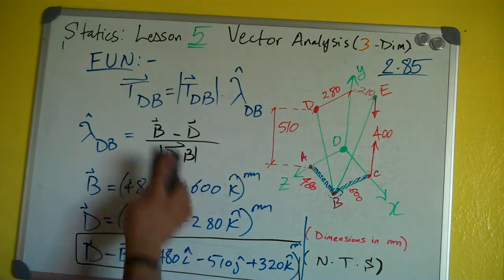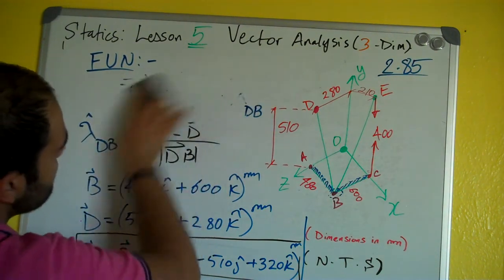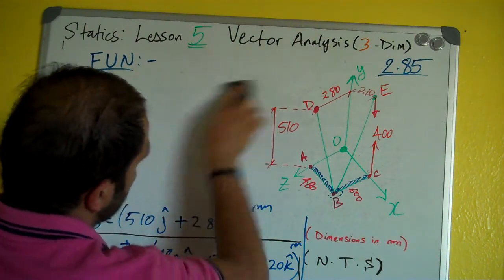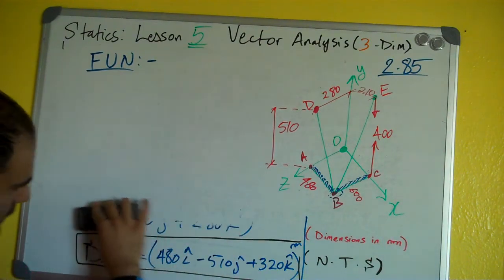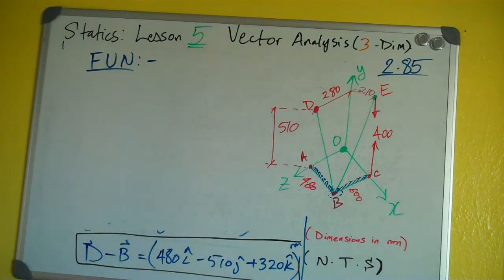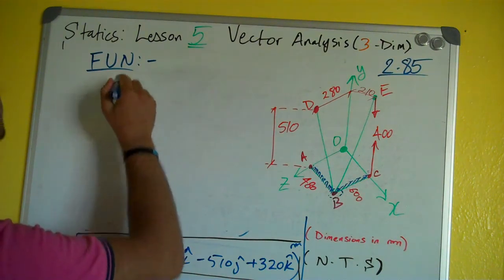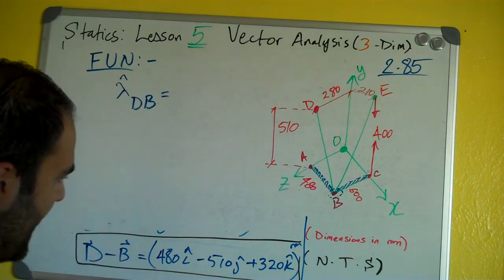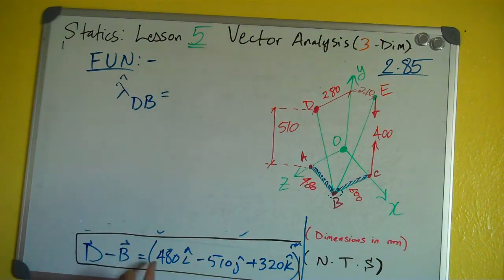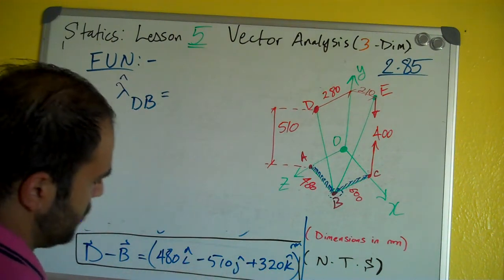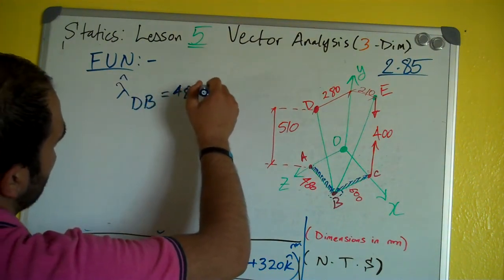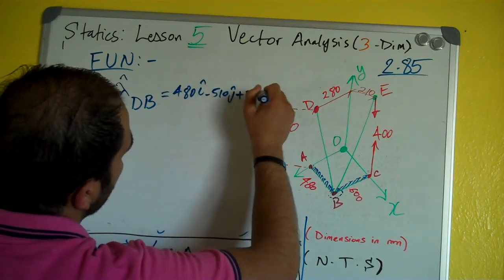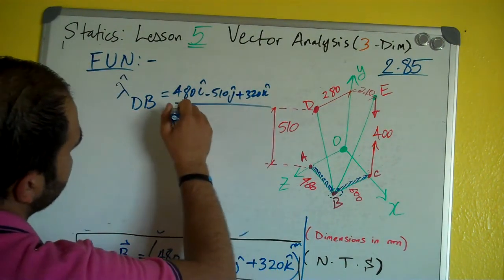Let's erase this, and this line and this line actually. We don't need it. So lambda DB equals this over the magnitude. The magnitude is going to be 480 squared, 510 squared, 320 squared. So it's 480 I minus 510 J plus 320 K divided by the magnitude.